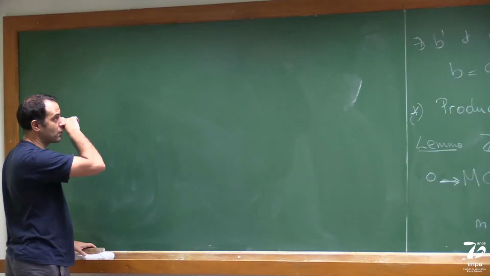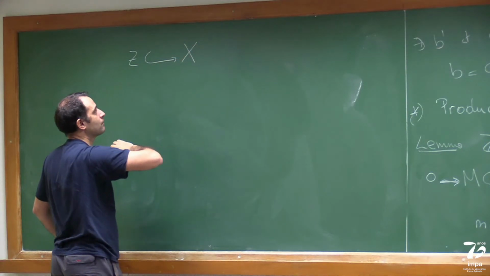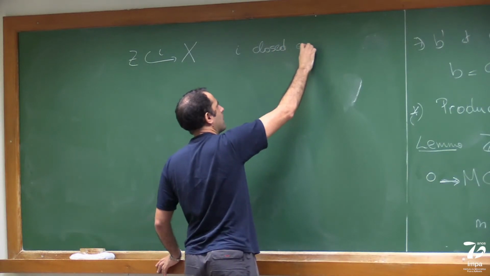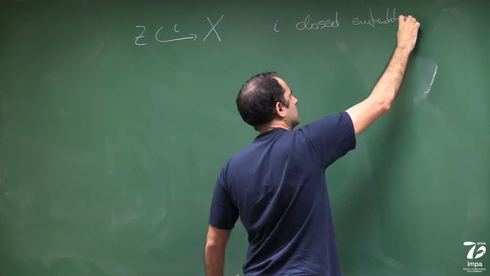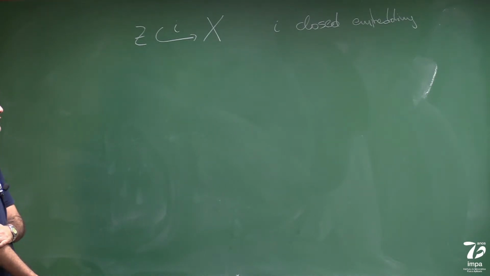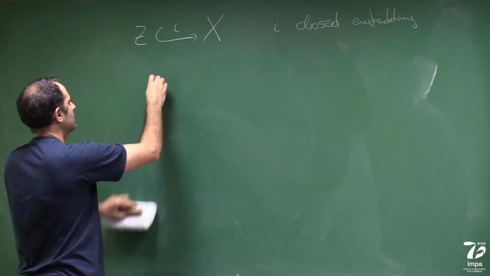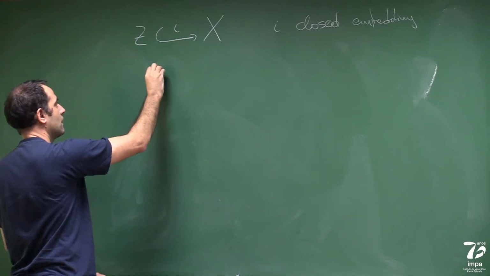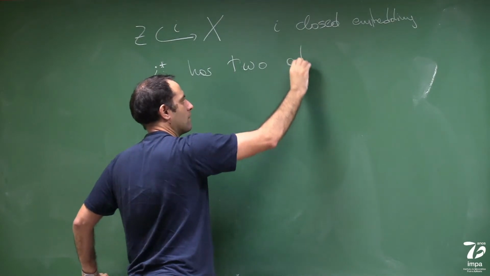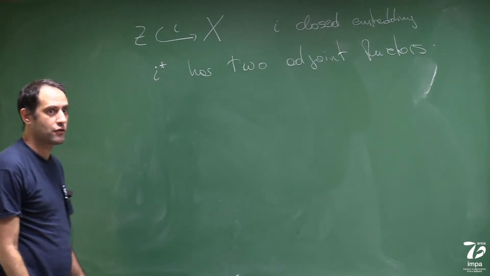A couple of situations that are common in geometry: if you have a closed embedding, for example, if you have a space and a closed embedding into a bigger space, and this i is a closed embedding, then this guy has two adjoint functors, either on the left or on the right, and it's exact.